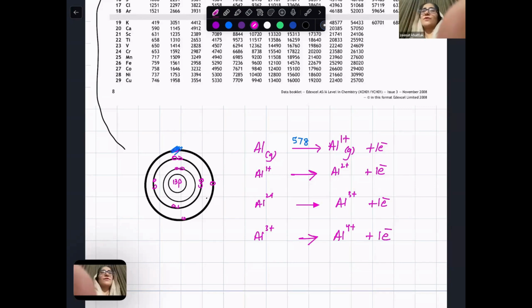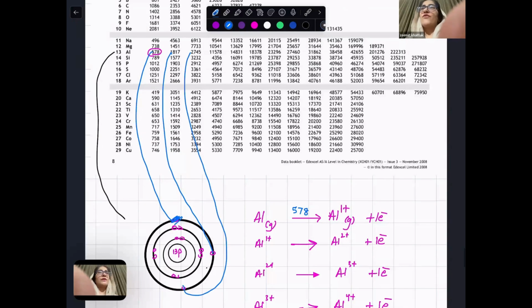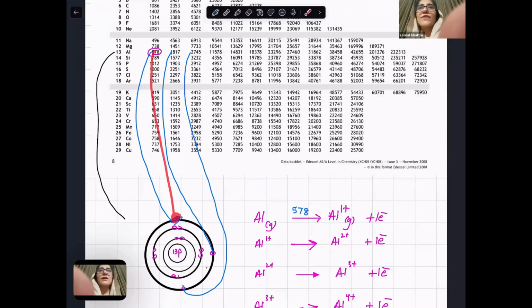So if you look, 578 first, 1,800 second, 2,700 third. But look, first electron removed at 500, 1,800, 2,700.